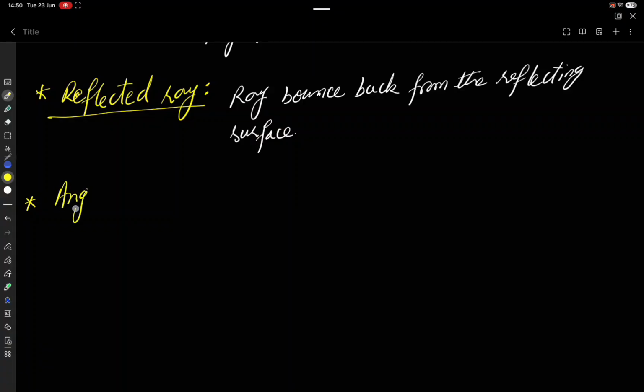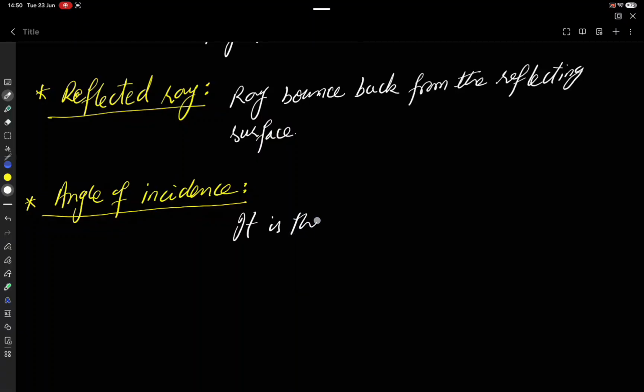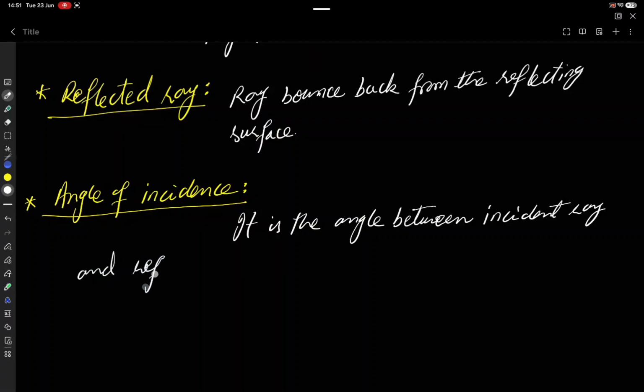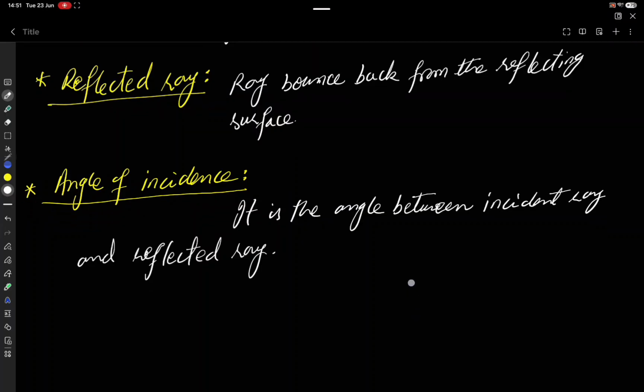Angle of incidence: it is the angle between the incident ray and the normal.